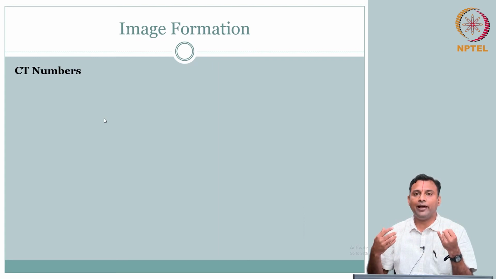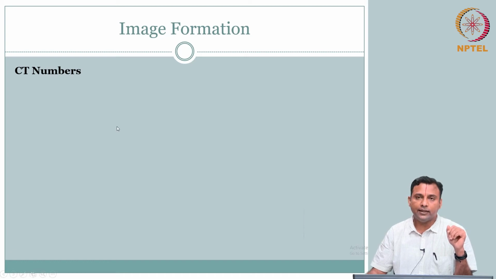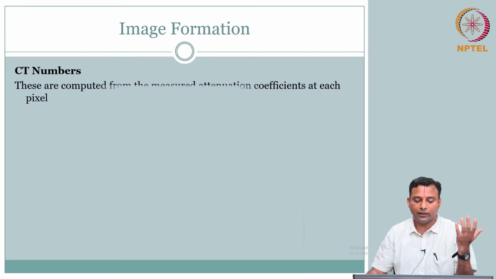Inside the body you have air, water, and then various combinations: fat, tissue, muscle, bone, with some density changes. So I want to convert to something I can calibrate against, a reference. Usually water is taken as a reference.